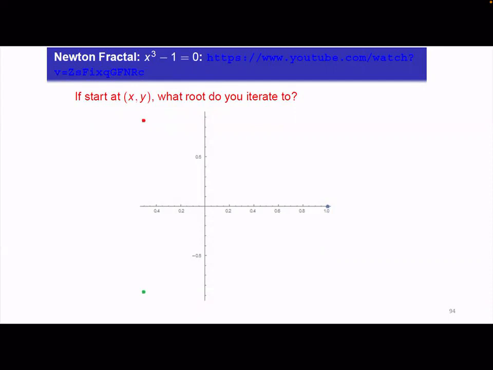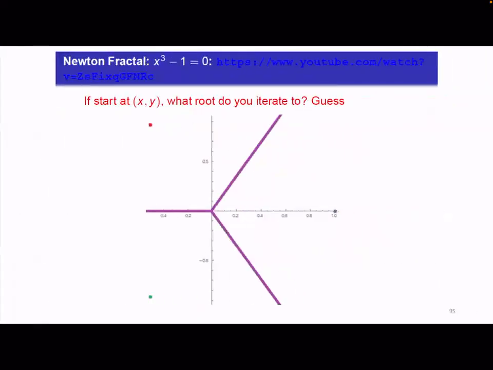Okay, and those ones are going to be what to the red root versus the green root? They're going to be closer. Closer. So maybe your guess might be, let's break the plane up to all the points that are closest to red, to green, and to blue, and you converge to whichever root is closest.